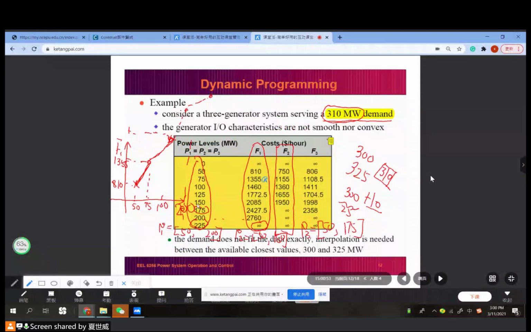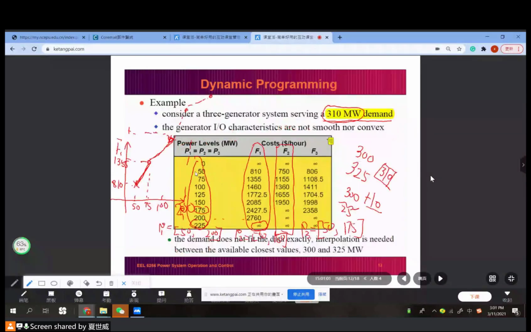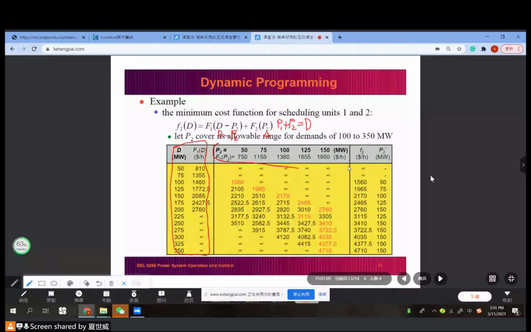This is the power, and this is the fuel cost. When 50, 750. When 75, 1155. So this is for generator 2, and this is for generator 1. Let me show you how to get this value.